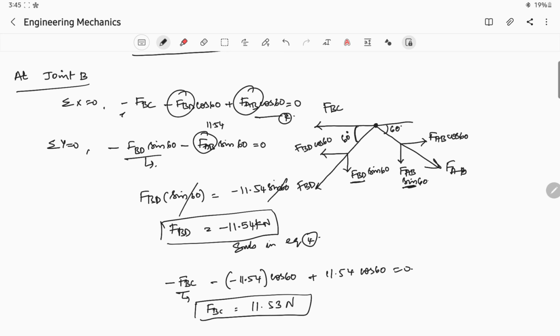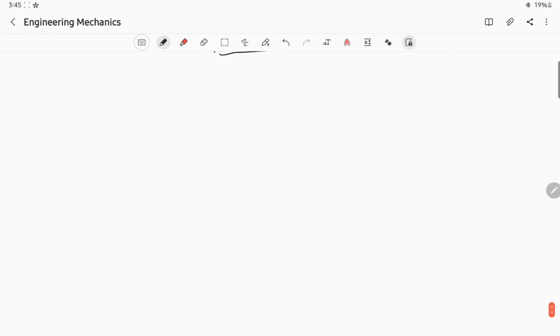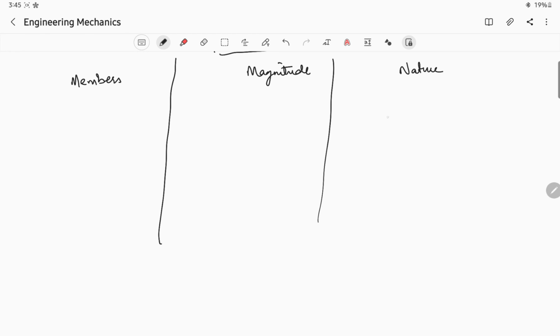Okay, so once you know all the values, now we have to formulate a tabular form: members, magnitude and nature. How many members did he ask us to calculate?